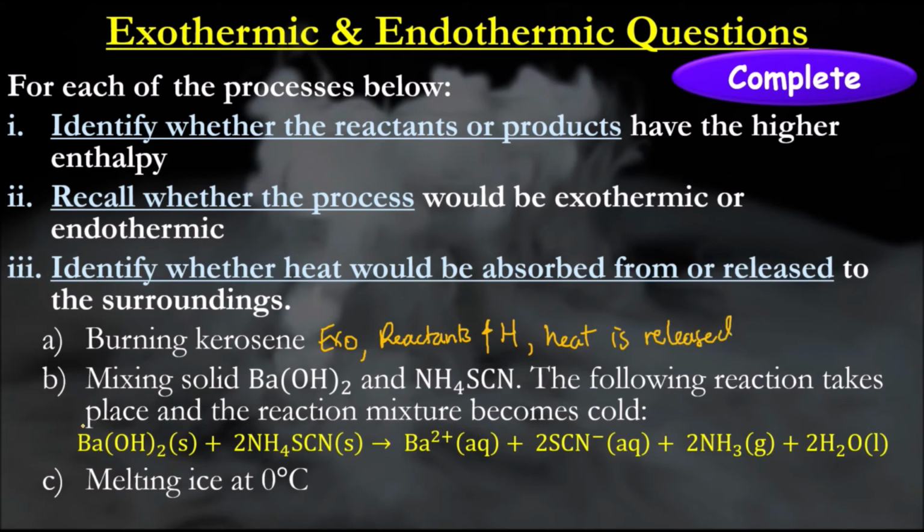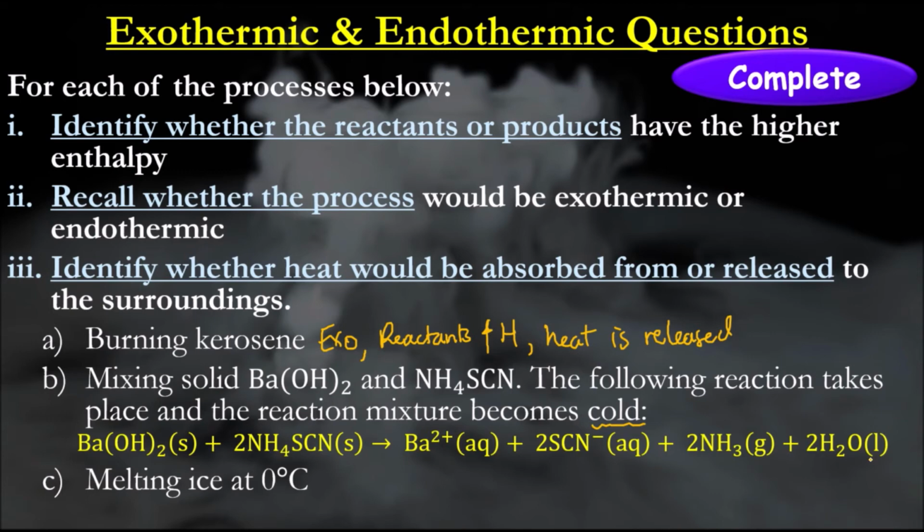Okay, next one we have mixing solid barium hydroxide with sodium thiocyanate. The following reaction takes place and the reaction mixture becomes cold. Obviously most chemical reactions aren't as simple as one breaking into another or one forming into another thing. Most generally, when you see a chemical reaction, you have 2 or multiple things come together and you get all these different chemicals that come out.